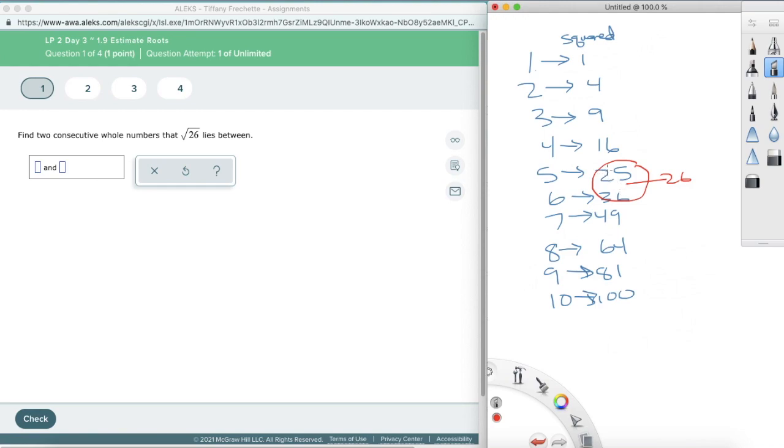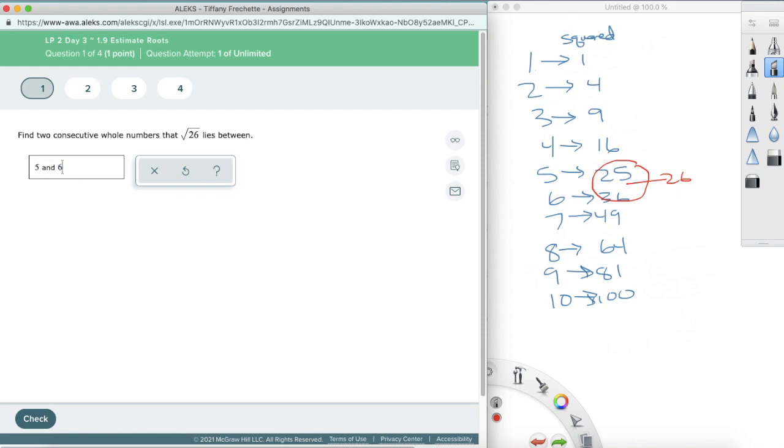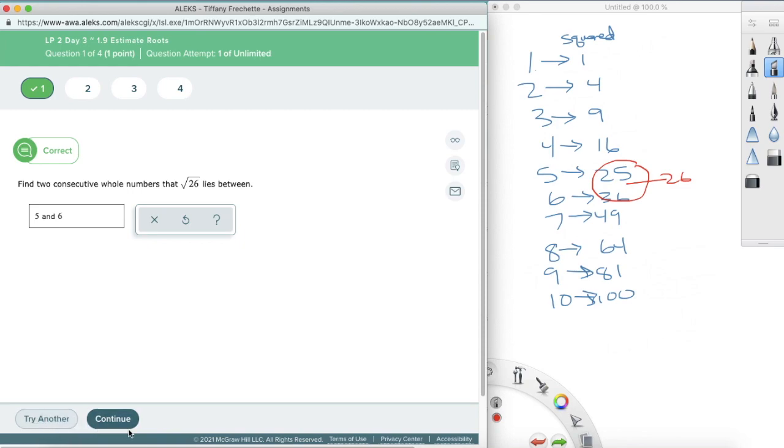This is exactly what it wants us to do: identify which 2 whole numbers it lies between. Now, we're not going to type in 25 and 36. What it wants us to do is type in 5 and 6, because those are the actual square roots for 25 and 36. We just needed to look at the squares to see where it would fit. So we would type in 5 and 6, and that should be our answer. Good to go there. Continue.